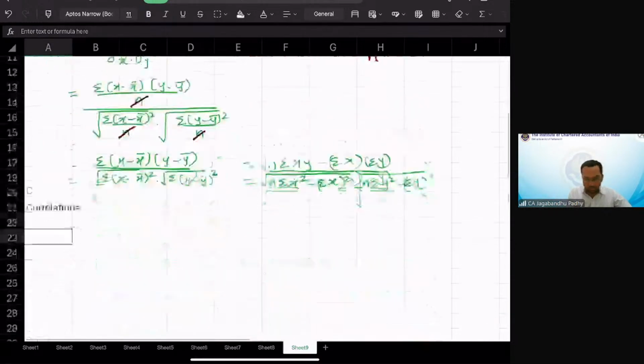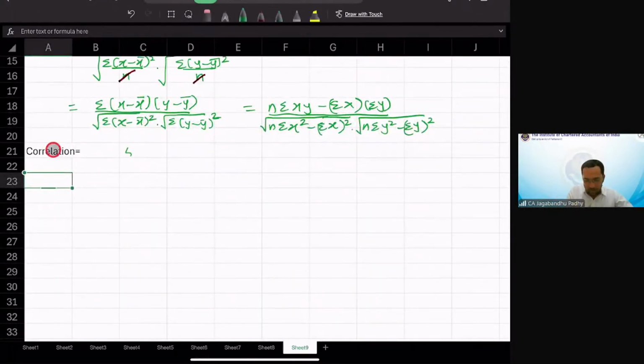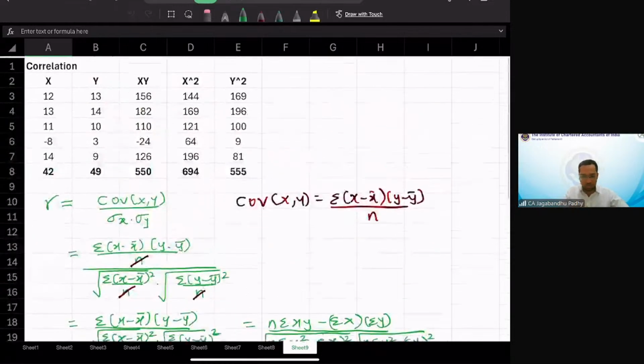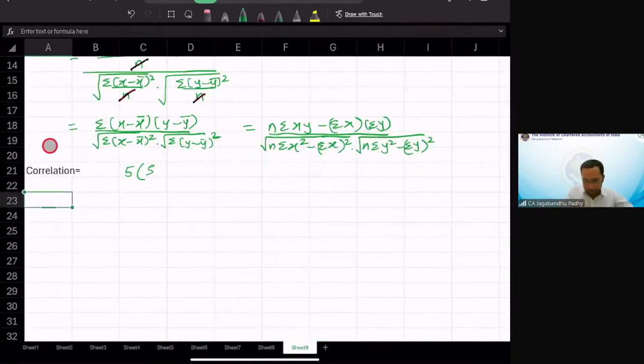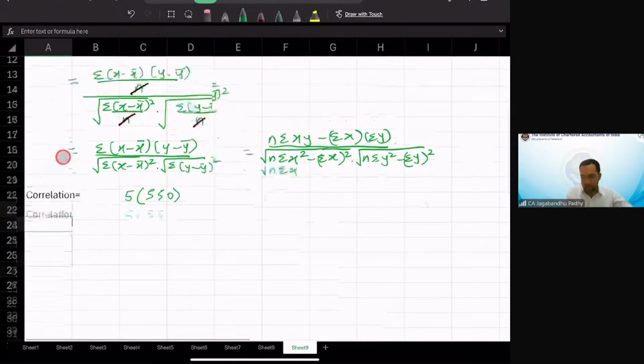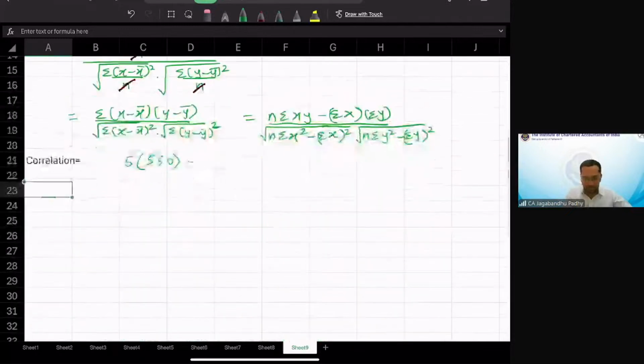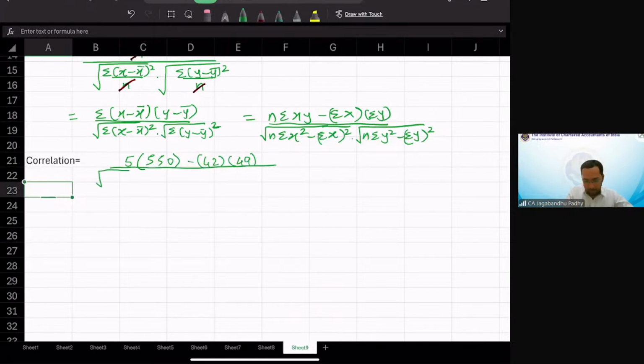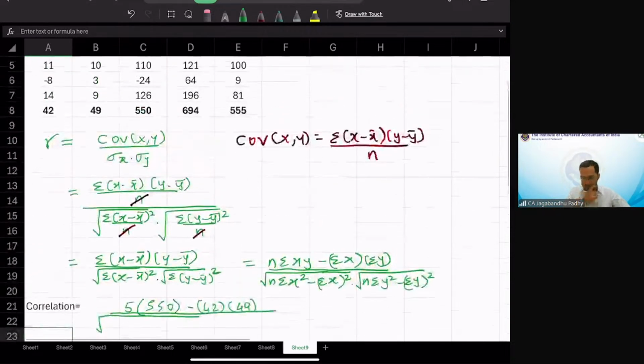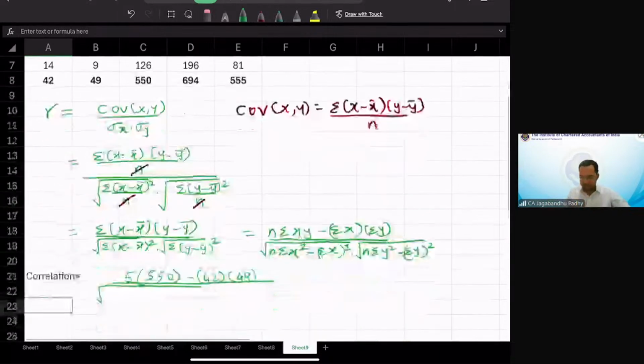So this is like n is 5 into summation xy 550 minus summation x is 42 into 49, the whole divided by square root of n summation x square.